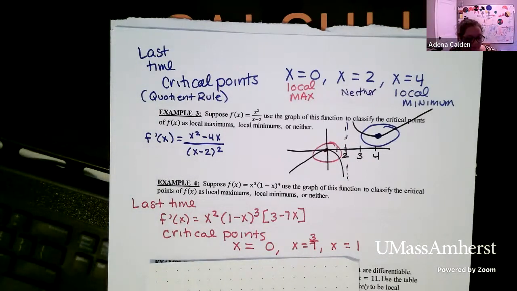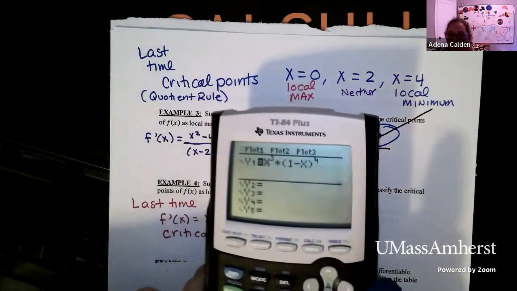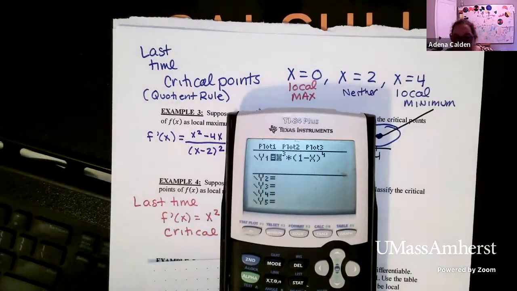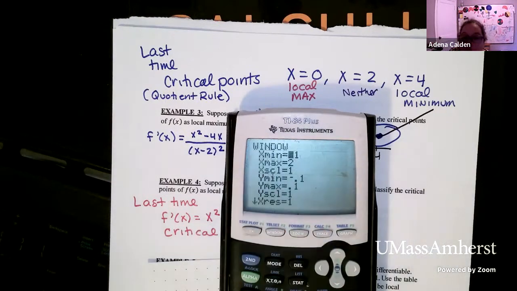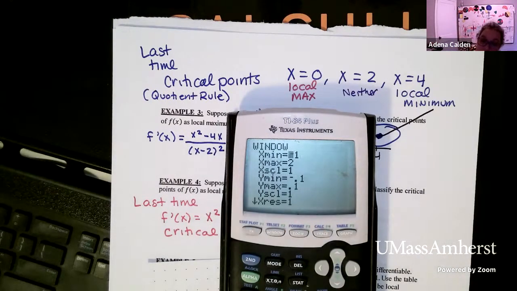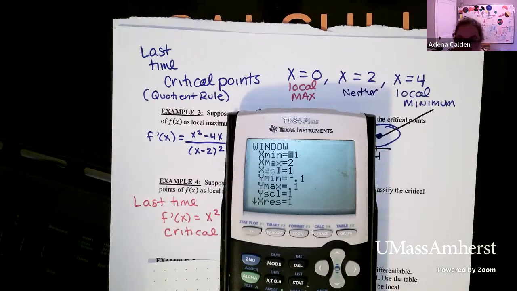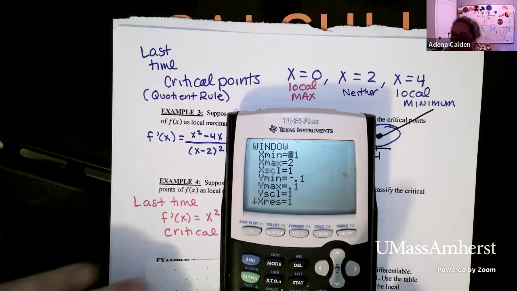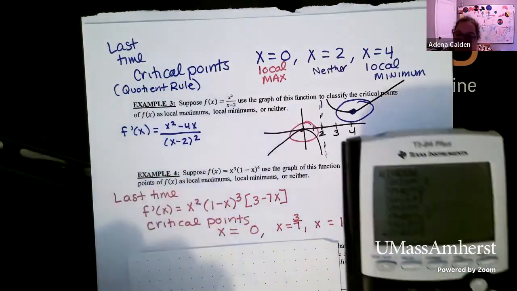Now, when we do example 4, I did this on my calculator, and I want to show you what that looks like for me. I entered the function, and I spent a lot of time playing with the window. In order for me to actually see these critical points and what they were doing, I ended up needing my x values to be between -1 and 2. As a reminder, the critical points were 0, 3/7, and 1.